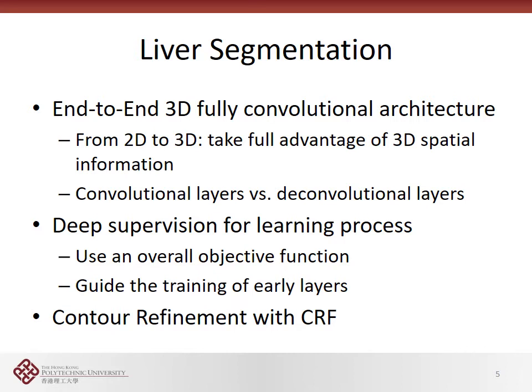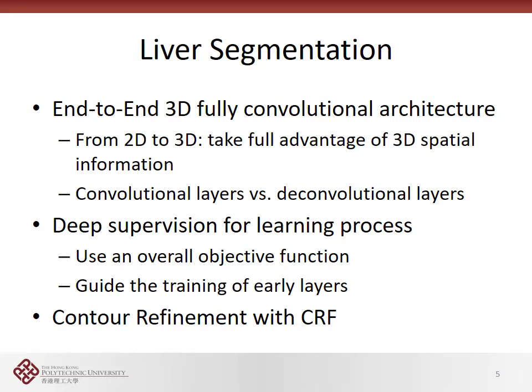More importantly, we introduce a mechanism called deep supervision in the learning process. That is, we use an overall objective function to let the results of the higher layers in the network guide the training and learning of the early layers.